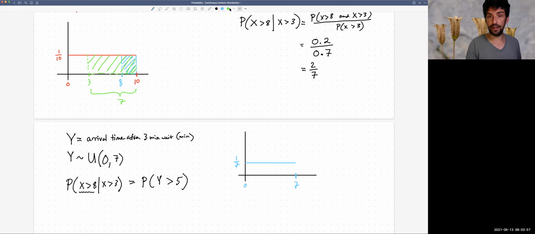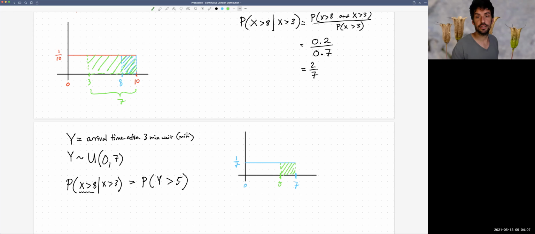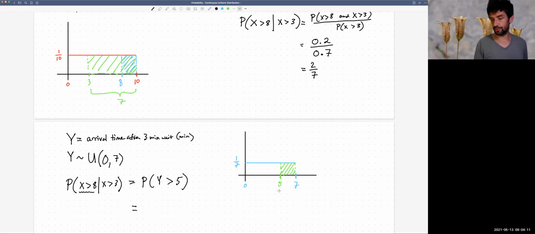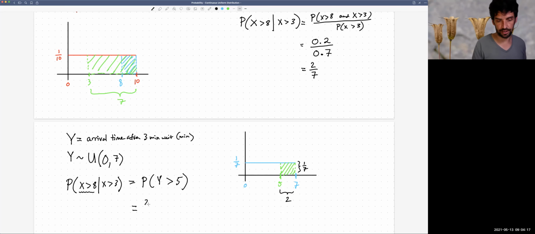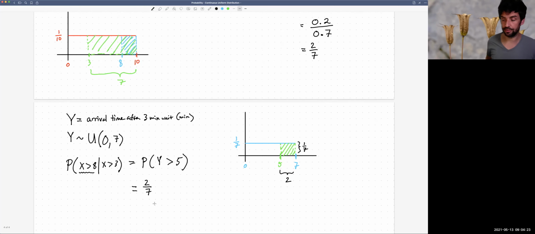And greater than 5 means we're looking at this rectangle here. Right. So the area of this rectangle, well, it's easy enough to see this is a width of 2. We already know the height is 1/7, and so that area is 2 times 1/7, or 2/7, which is, of course, the exact same answer we got above.